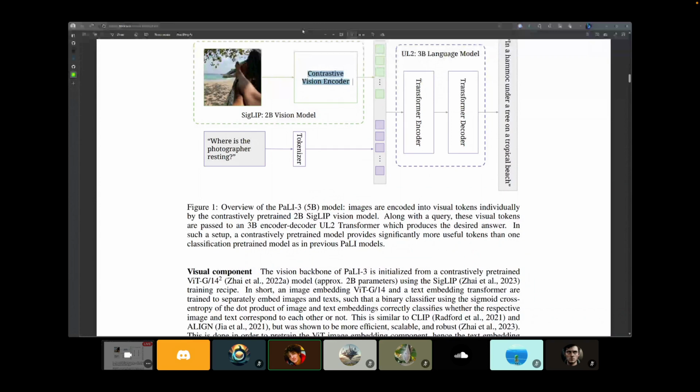Dimitri, would you know the difference between a contrastive and classification model? I think contrastive encoders are usually done on pairs, and there's like a positive sample and a negative sample, and the positive sample pushes one way and the negative sample pushes the other way.